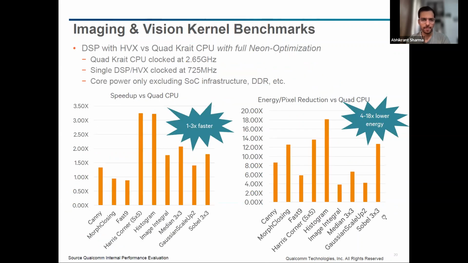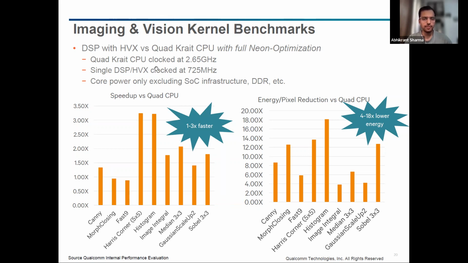So yeah, I think now since we've spoken a lot about the performance improvements that HVX offers, over here we have two graphs showing the performance of HVX versus the quad Krait CPU, which is using the Neon hardware.